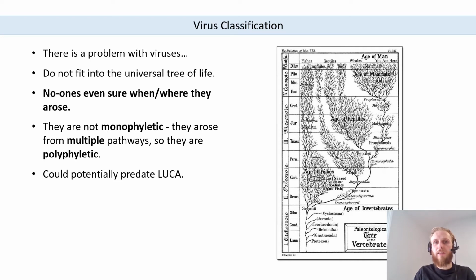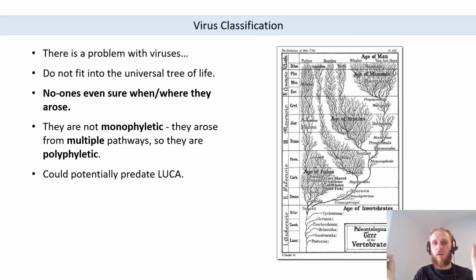So we can essentially say viruses don't fit onto the tree of life. Some viruses can be organized into 7 different trees of life, so 7 groups of relatedness, but we don't know how these 7 groups are related to each other. We don't know when they evolved or where they came from, and most viruses don't even fit onto these 7 trees of life. So really complicated, really confusing. It doesn't appear that they descended from LUCA.